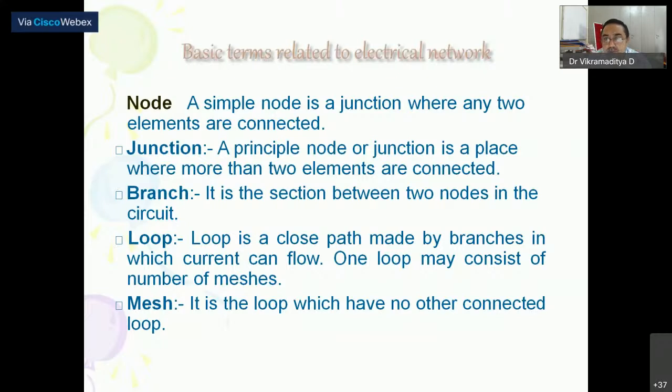What is basically happening at these junction points? The trains are coming from two different rail lines and they are meeting at a point. So here also in an electrical network, when two or more elements are connected at a common point, then a node is formed.